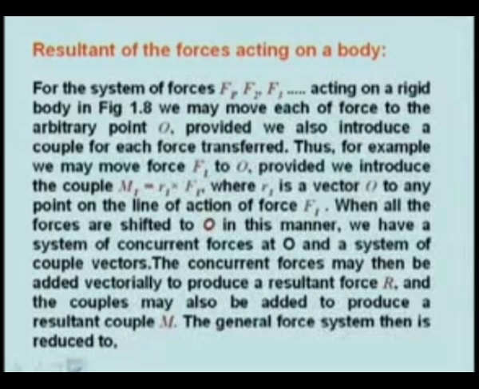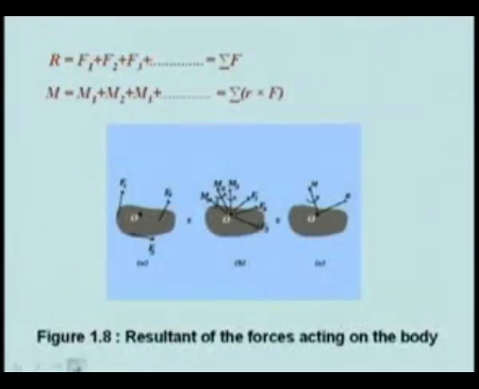Now, let us discuss the resultant of the forces acting on the body. For the system of forces F1, F2, F3 acting on a body, like this is a body in which a number of forces are acting, like here I have shown F1, F2, F3, and this is a point P. What can be done is that you can shift these forces from here to here, but then you have to apply some couple to balance it.